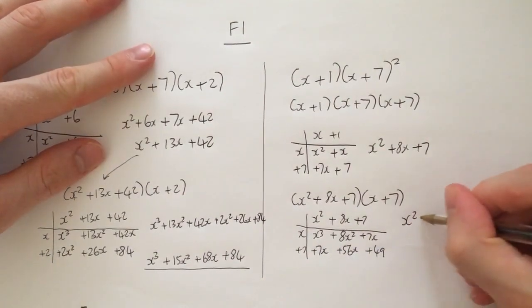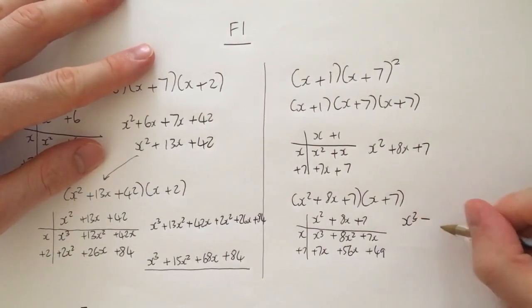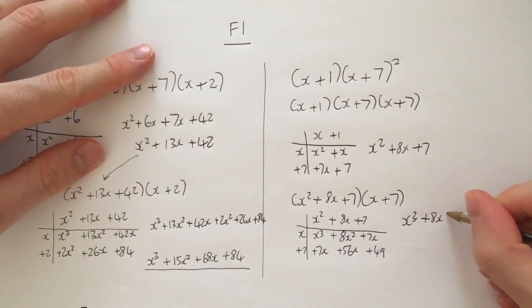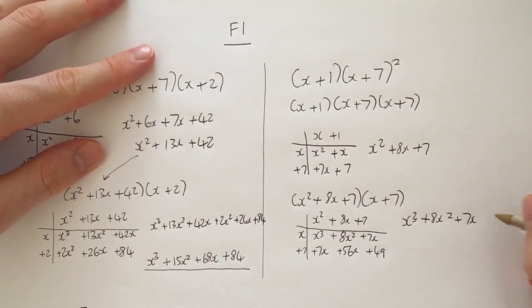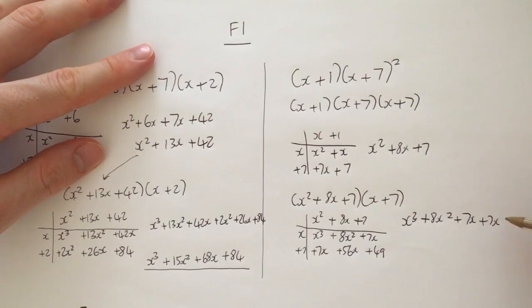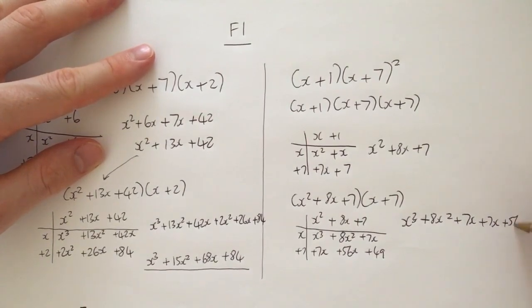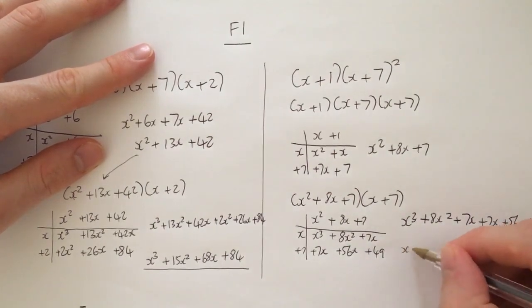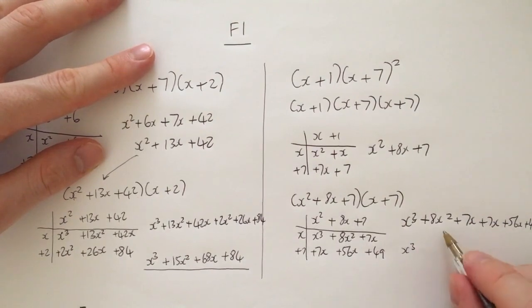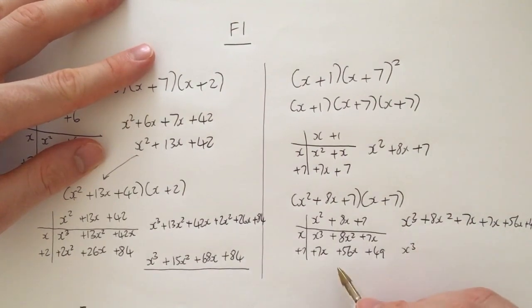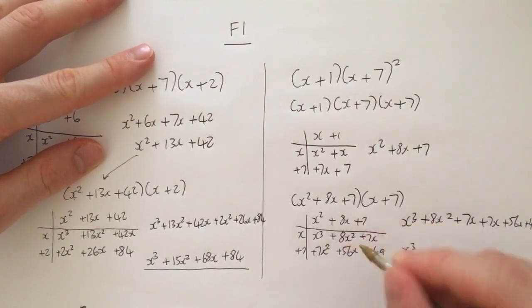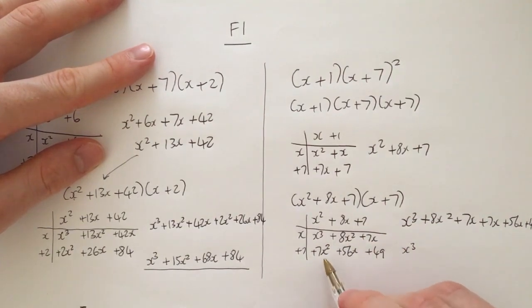So I rewrite it x cubed plus 8x squared plus 7x plus 7x plus 56x plus 49. If you can just see that on the screen. So it will be x cubed, simplify that. What have I forgotten here? x squared here. I've forgotten that one because I rushed it. So hopefully those of you doing the video see that I forgot that. So that would be there.